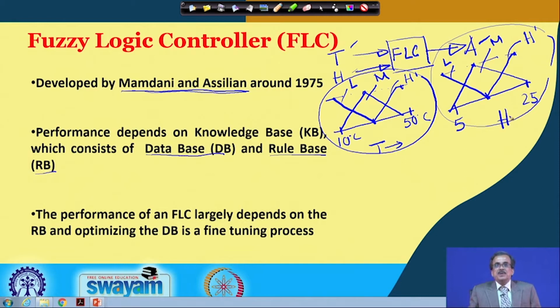Now, this is what we mean by the database for the temperature, and this is nothing but the database for the humidity. Now, similarly, I can also construct one database for the output, that is nothing but the angle of valve opening.